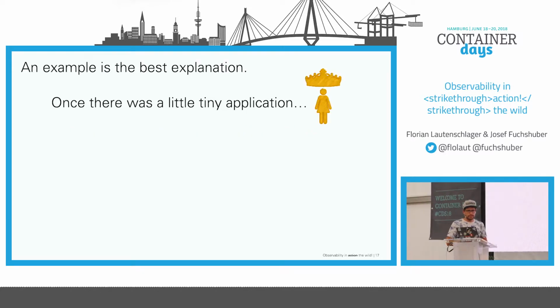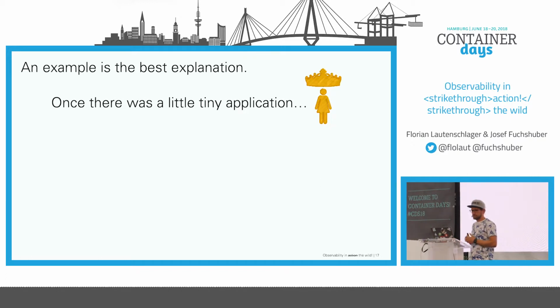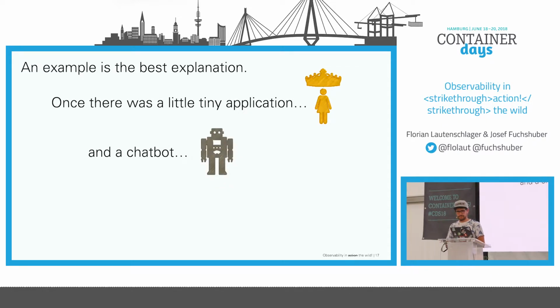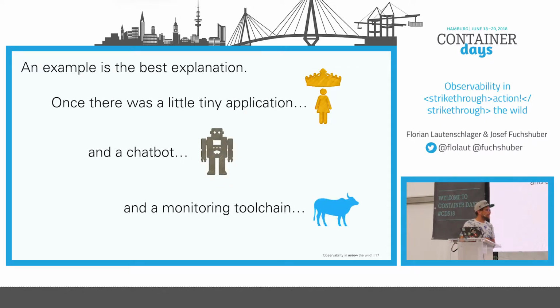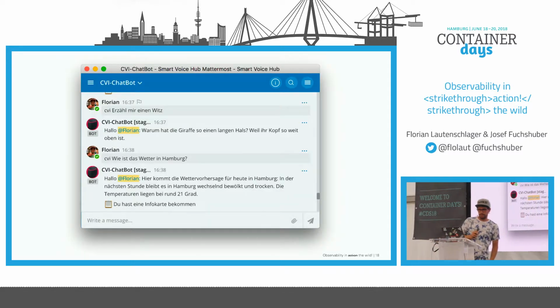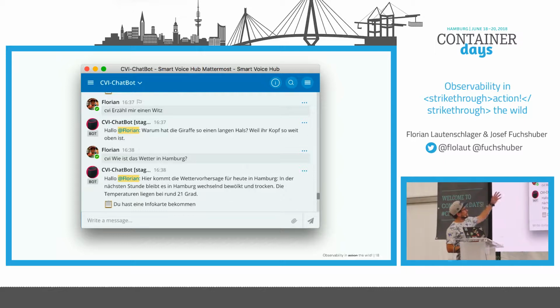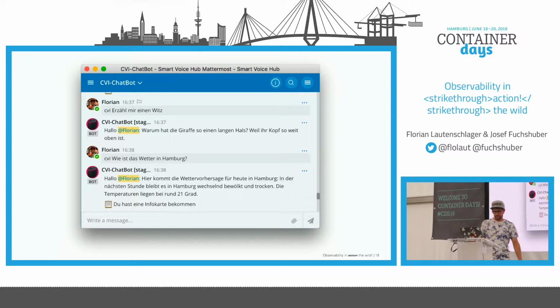So there was this little tiny shiny application that Joseph described, and there was the chatbot and the monitoring toolchain. With the chatbot, I can ask the application for something. For example, as an ordinary user, I can ask the application to tell me a joke or ask for the weather forecast.